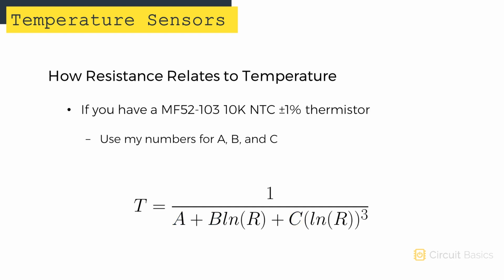The thermistor I'm going to use for this video is an MF52103 10 kiloohm NTC thermistor with a plus or minus 1% tolerance. If you're using the same type of thermistor that I am, you can use the constant values I'm using. But if yours is different, I'm going to show you how to calculate them.